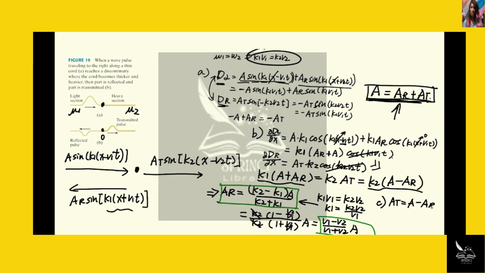And A minus A_R is 1 minus (k1 minus k2) over (k1 plus k2), times A. So that is 2 k1 over (k1 plus k2) times A.